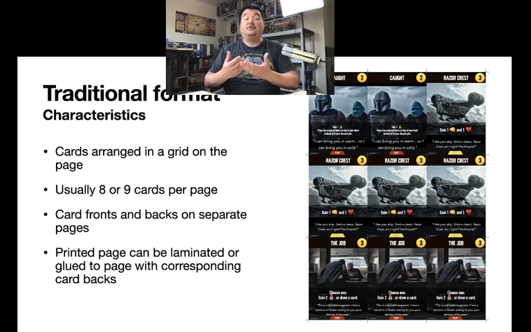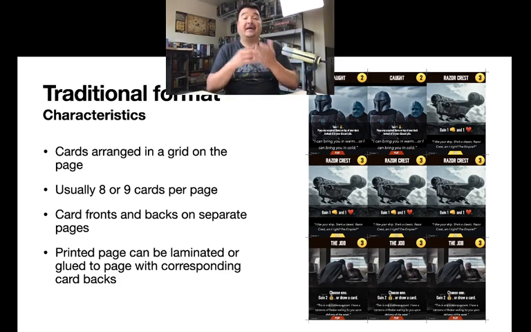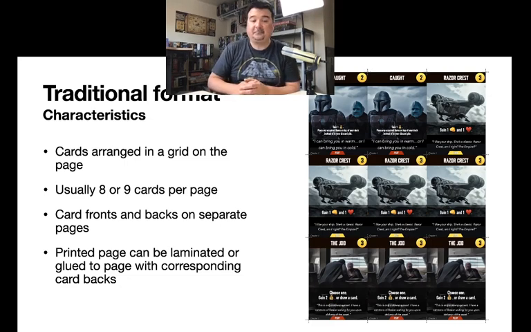So if you printed out those 2 pages, the page with your fronts and the page with your backs, you could put them back to front, glue those pages together, and then the fronts would line up with their backs on either side. That's the default way of producing a traditional format print and play file.